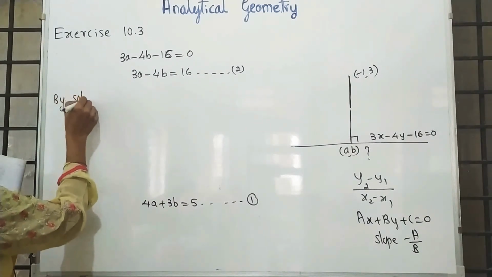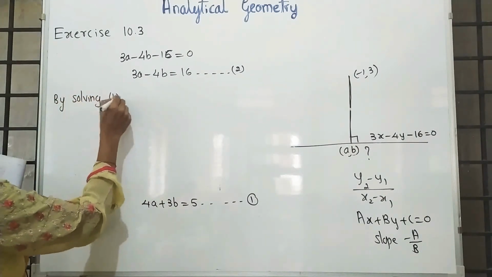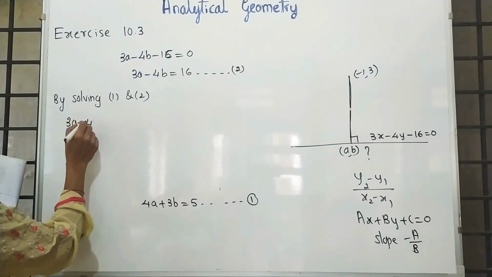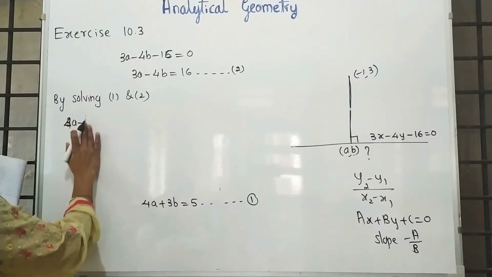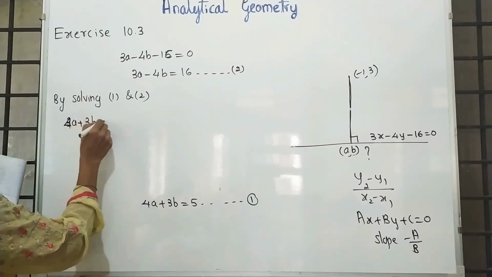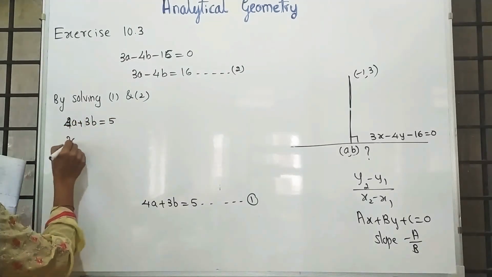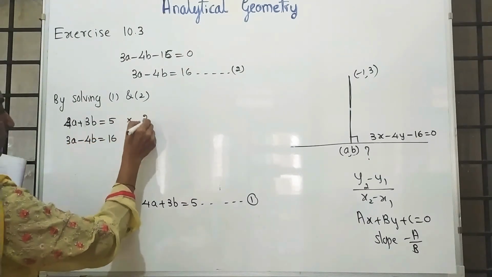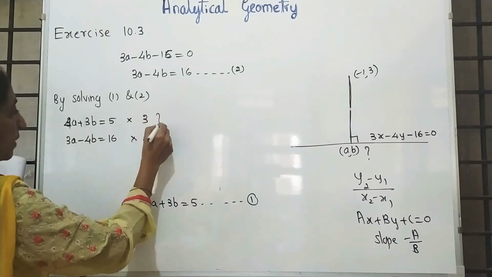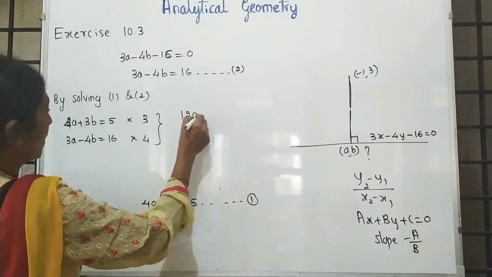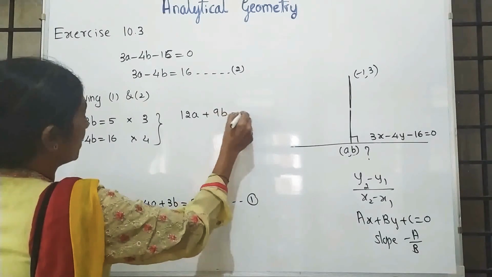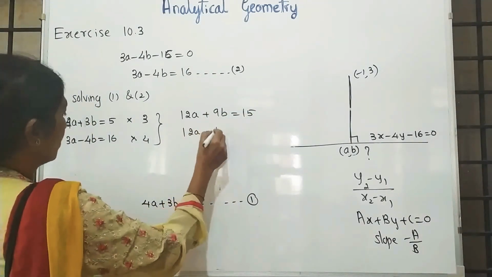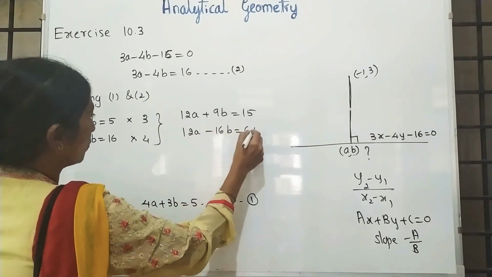By solving 1 and 2: 4a plus 3b is equal to 5, and 3a minus 4b is equal to 16. This is multiplied with 3, this is multiplied with 4. 12a plus 9b is equal to 15, and 12a minus 16b is equal to 64.